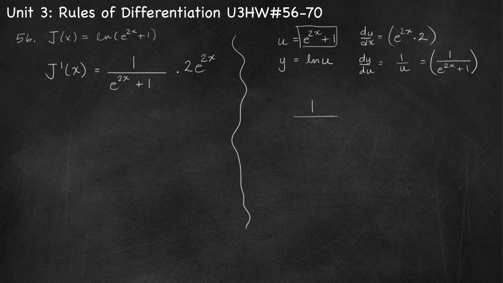So I get 1 over e to the 2x plus 1 times e to the 2x times 2, which is the same answer we got on the left. If I want to simplify this a little bit more, I mean, really can't simplify it more, but I can rewrite it so that it's just numerator over denominator, 2 e to the 2x over e to the 2x plus 1.